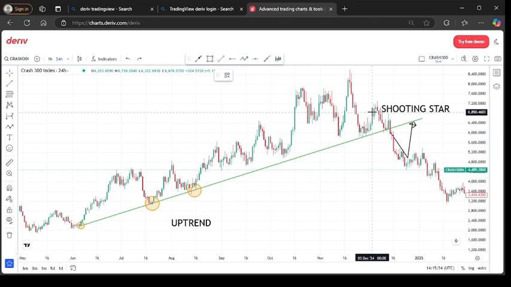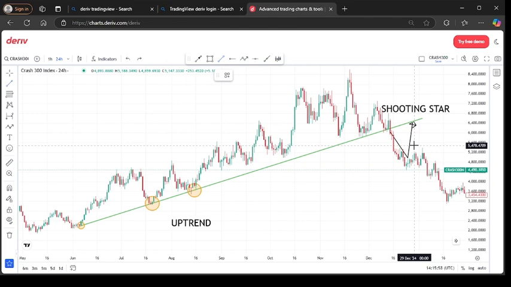You need to know the reversal candlestick chart patterns. You need to go and read them. Then you can enter. You know now that this is Crash 300, and when Crash 300 is moving down, that's when you can catch spikes.